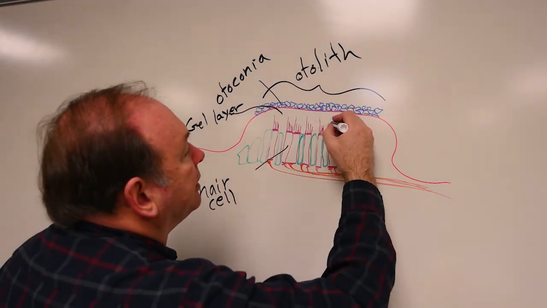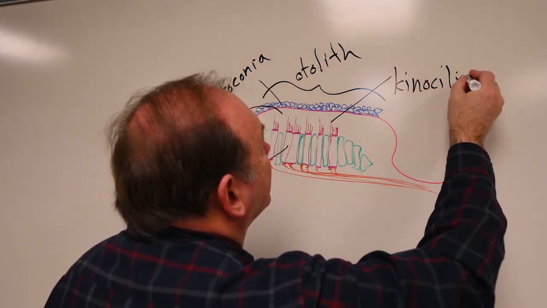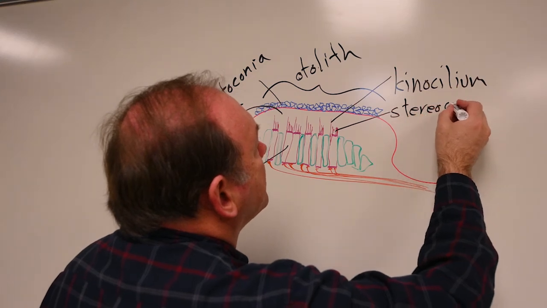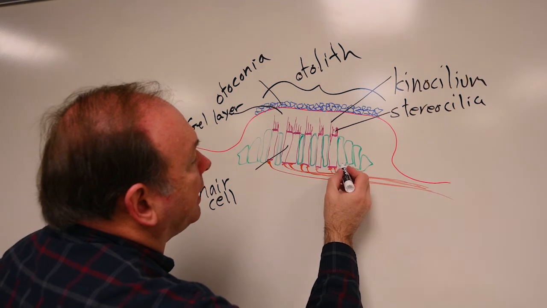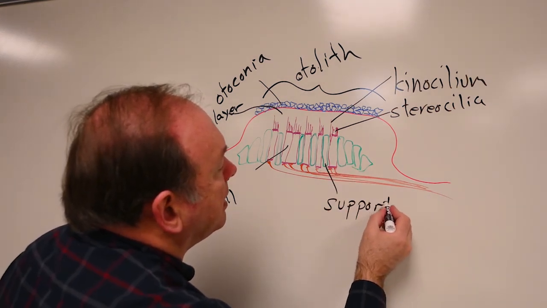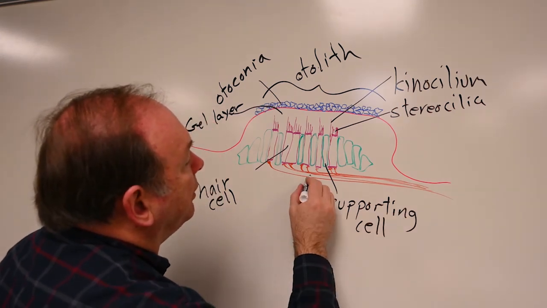And again, we have kinocilium, and we have stereocilia associated with each of the hair cells, and then we have supporting cells, and we have nerve fibers.